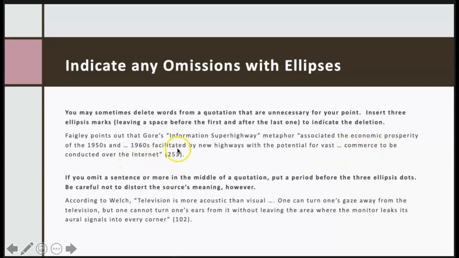Close the quote, parentheses with the 253, the period at the end. All right. So this tells us that information was left out of that original cited material.